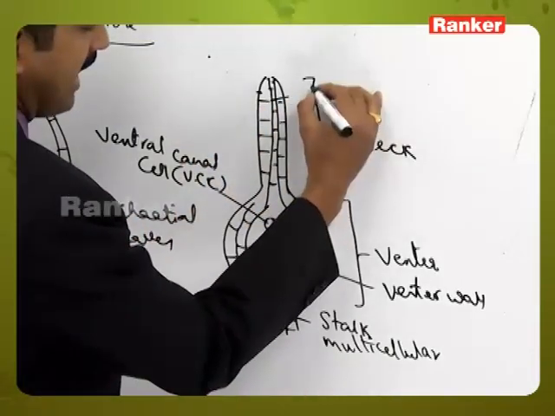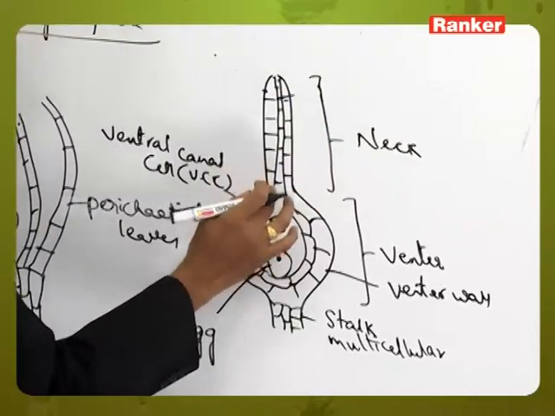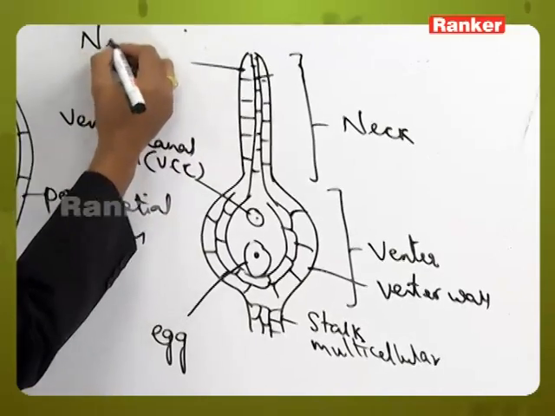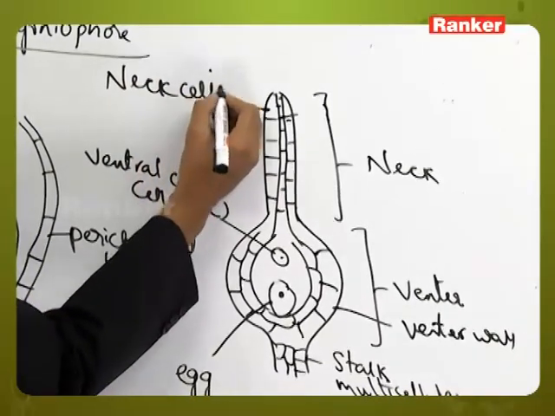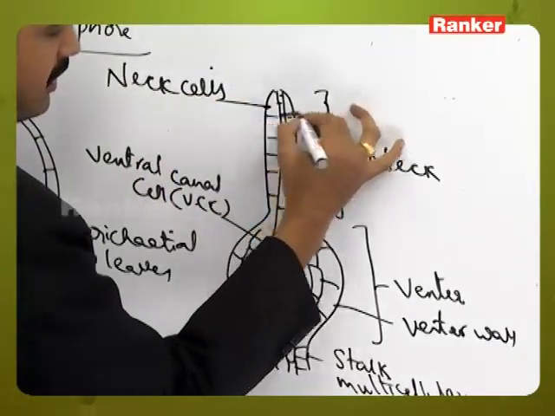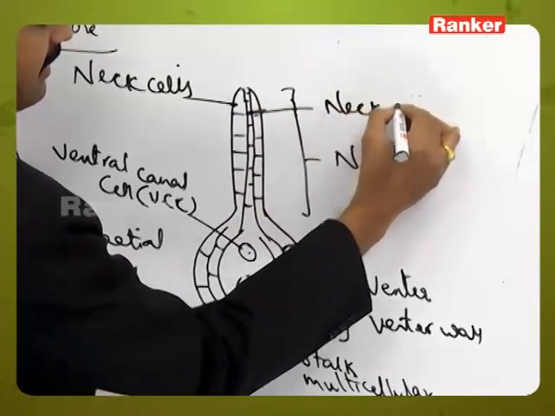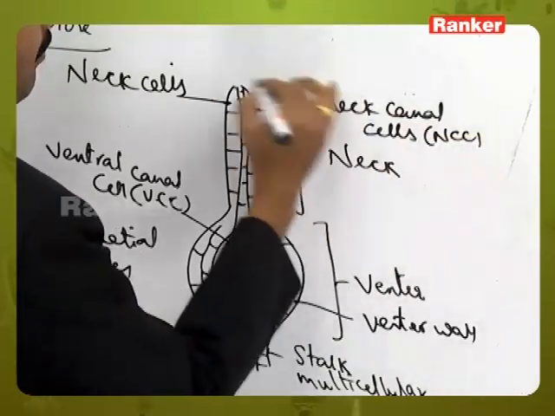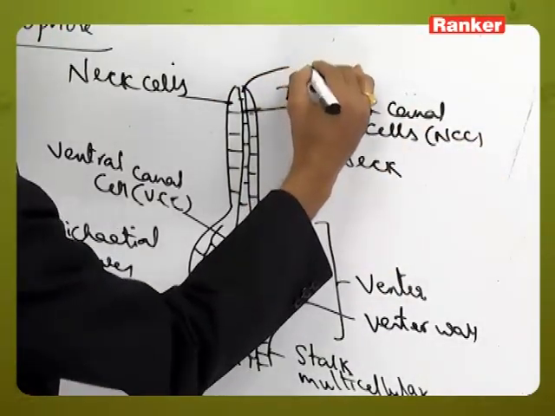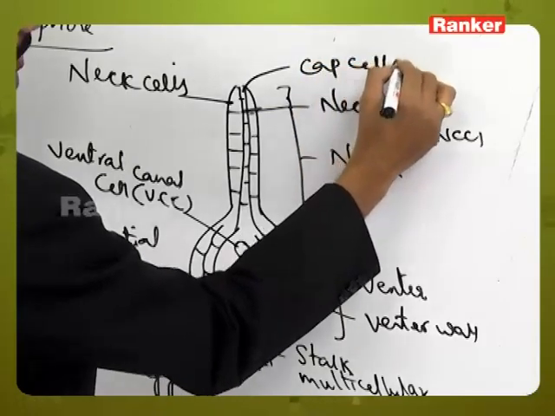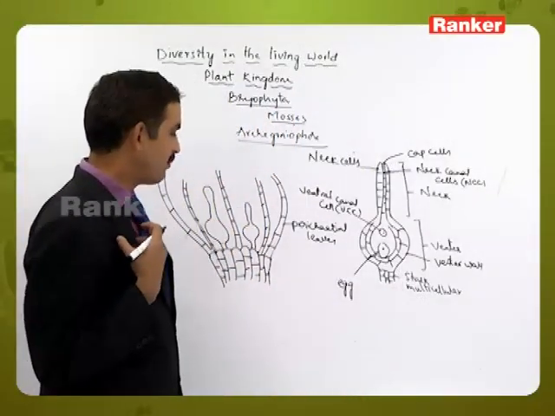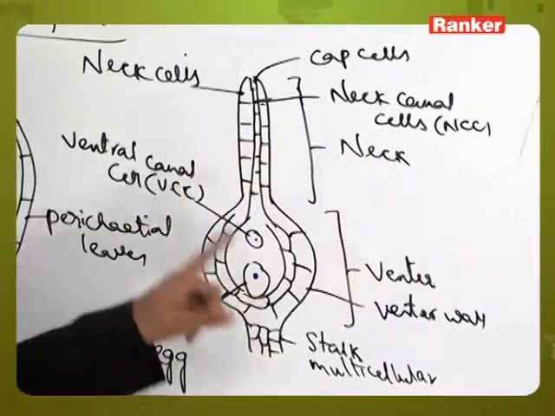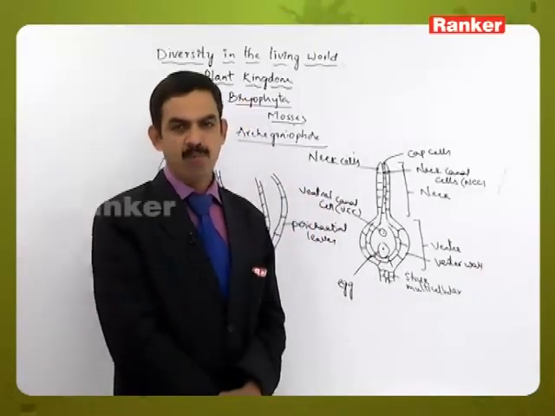This neck also has a jacket structure with some cells in the center, and the jacket cells are called neck cells, and in the center we can see some cells, those are called neck canal cells, and above that the cap cells are also present. So this is the structure by which the archegonium is made up, and one archegonium will produce only one egg cell which is haploid in condition.